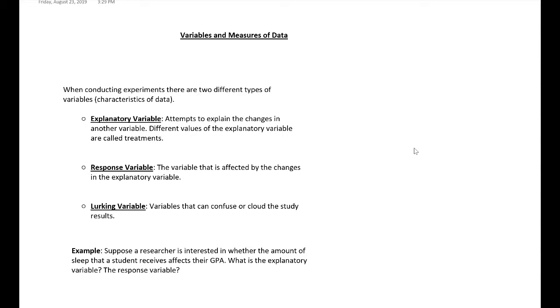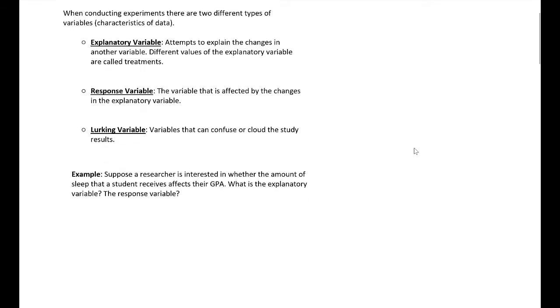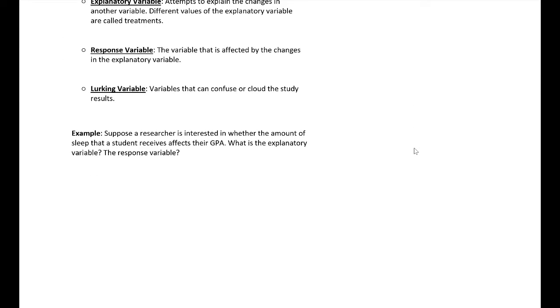But in this class, we're going to focus on just the explanatory and response variables. For example, suppose that a researcher is interested in whether the amount of sleep that a student receives affects their GPA. What's the explanatory variable? What's the response variable? Think of the explanatory variable as the thing that we can adjust, or the thing that is adjustable.